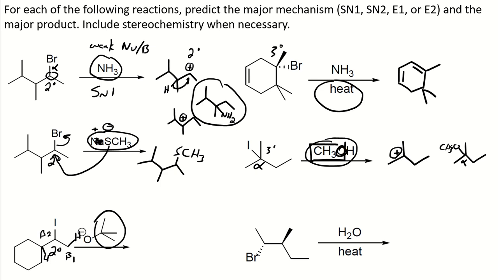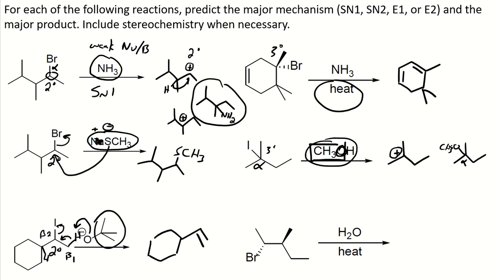If we had a smaller base, we would favor the Zaitsev product, which is the more substituted. However, we have a bulky base, so we're going to remove the hydrogen that's easiest to get to, which is on the less substituted side. We're going to form our double bond to form the less substituted alkene, and this would be our product.